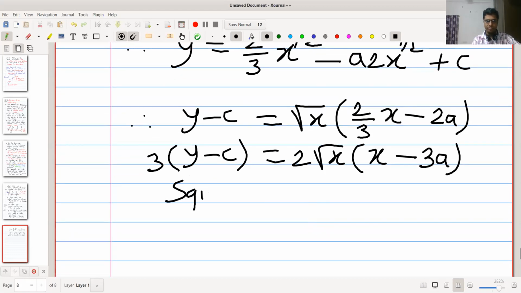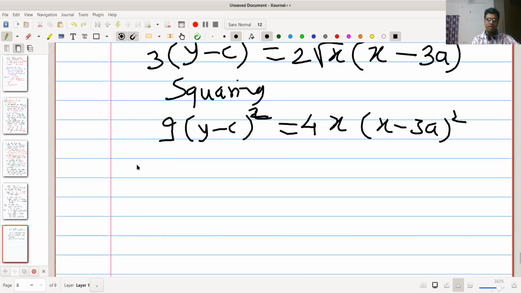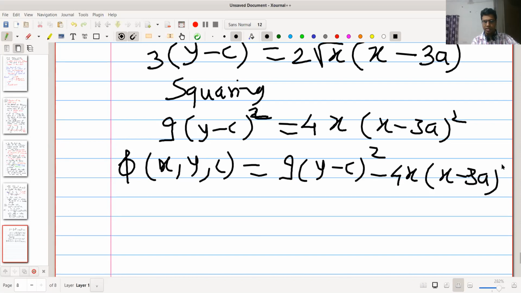Squaring, what we get? 9 y minus c square equal to 4 x into x minus 3a square, and this is the general solution, and we may write phi of x y c equal to 9 y minus c square minus 4x into x minus 3a square.